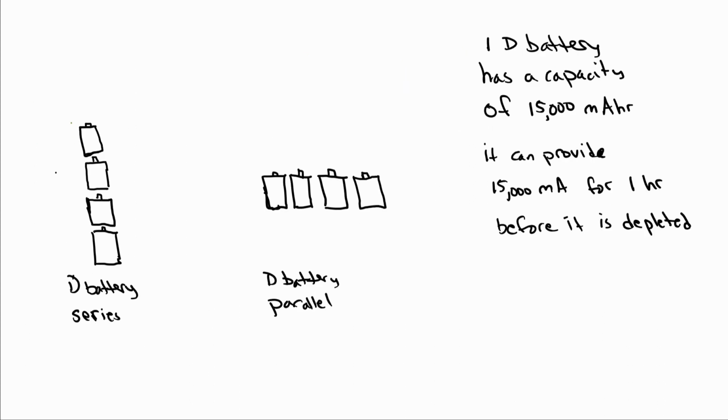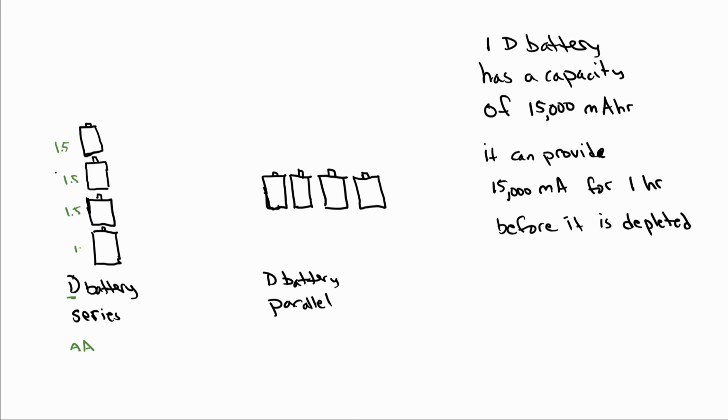One place you may have noticed this is in some of your electronic devices, where you may see D batteries, and there are A, AA, AAA, C and D batteries. Here I say these are D batteries, which we know are all supposed to be around 1.5 volts.